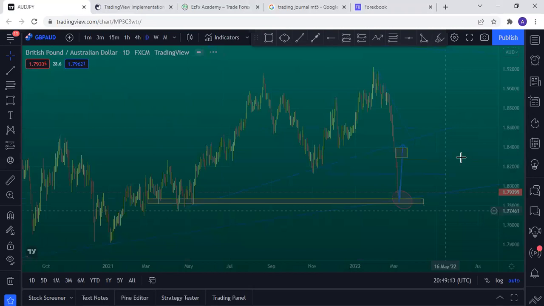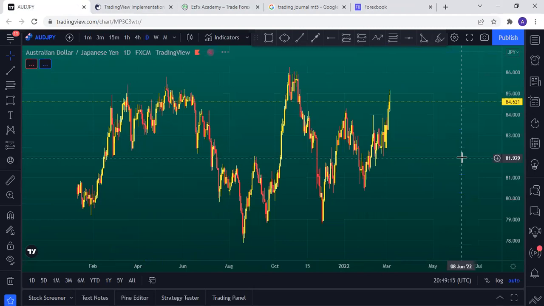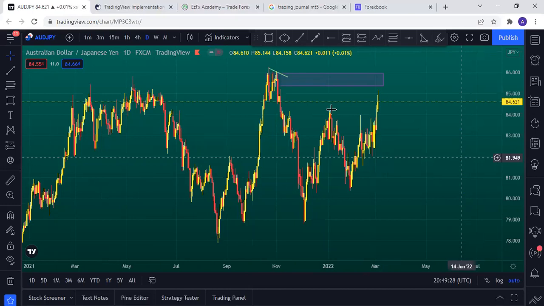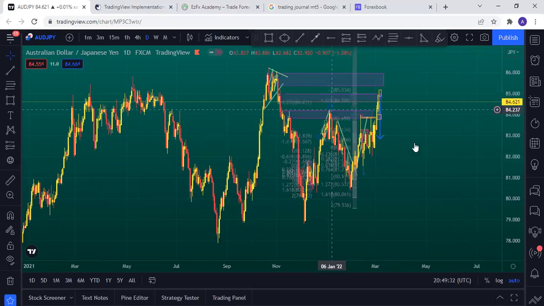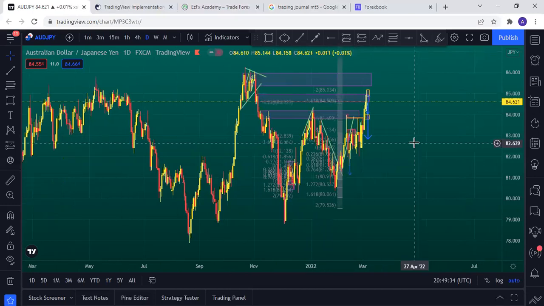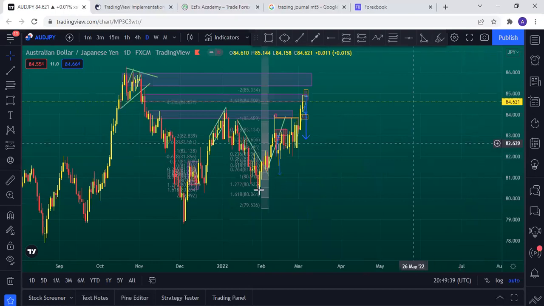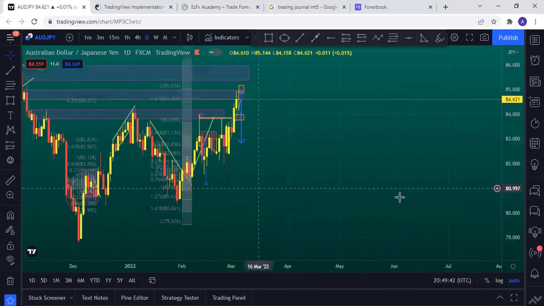Okay, that's taking a little bit of time to load. All right, good. So as you can see, this is AUD JPY. I think I had an analysis on this already. Oh, beautiful, I did this last week.